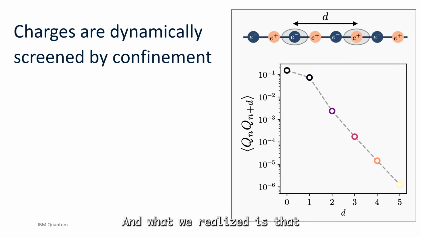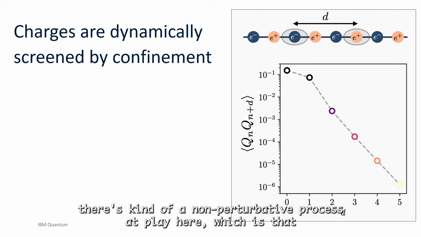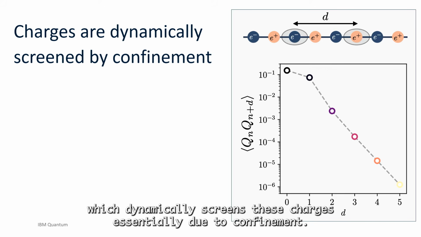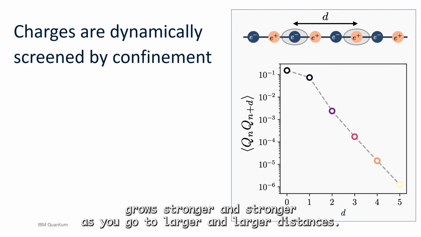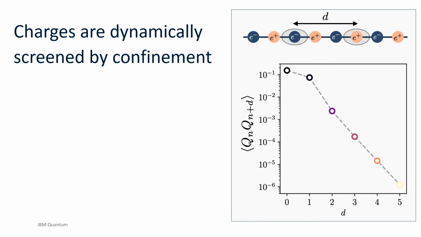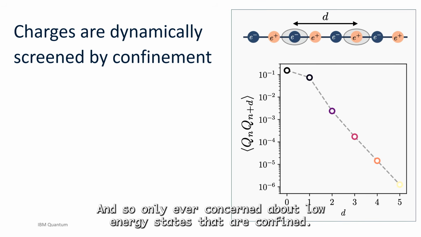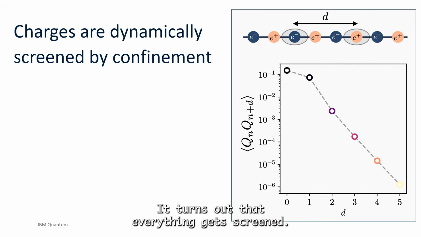And what we realized is that there's a non-perturbative process at play here, which dynamically screens these charges, essentially due to confinement. So even though this interaction naively looks like it grows stronger and stronger as you go to larger and larger distances, if you're only ever concerned about low energy states that are confined, it turns out that everything gets screened.